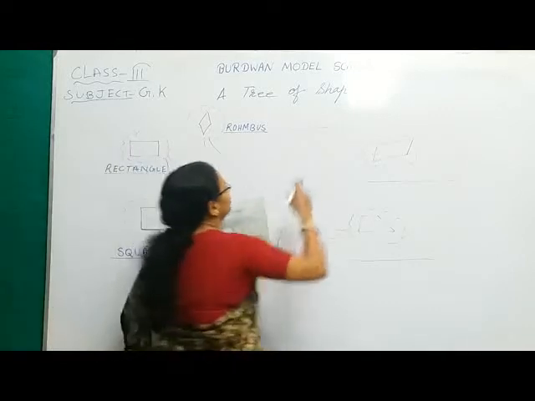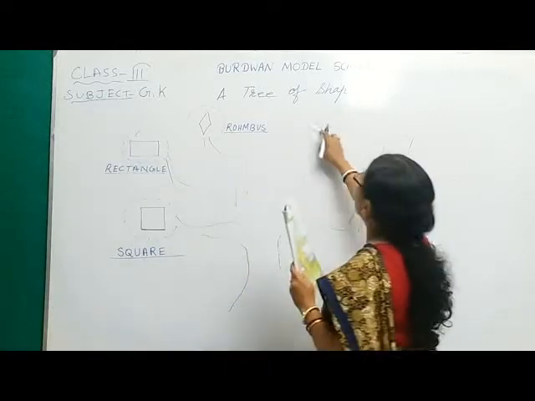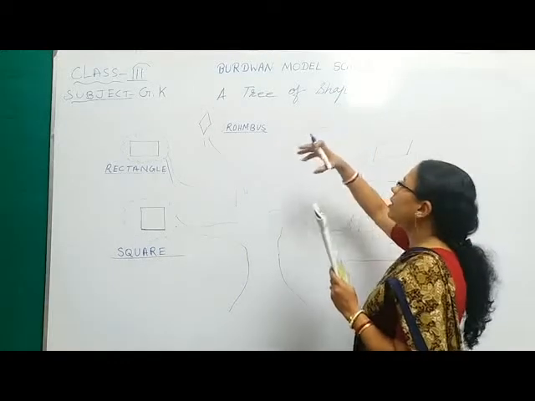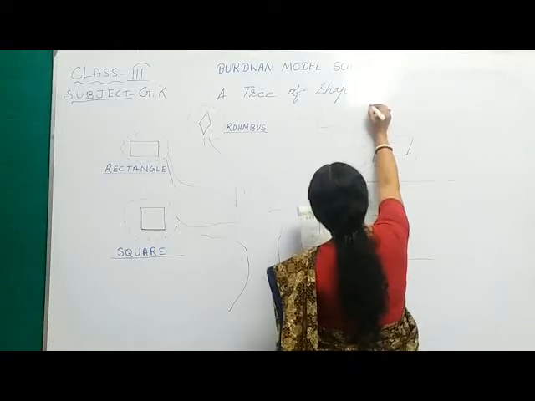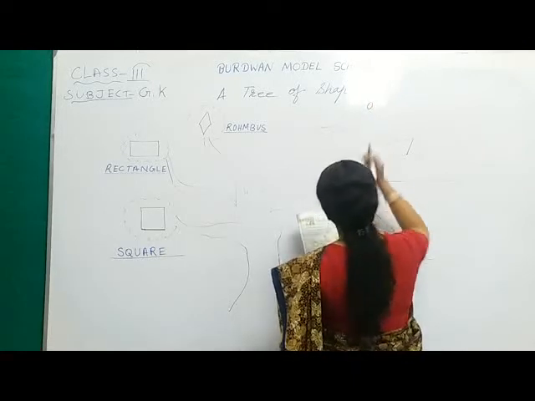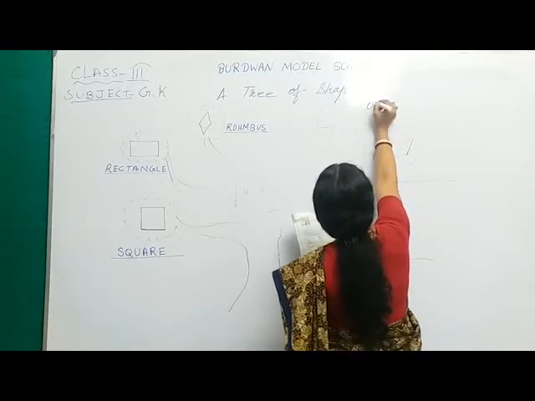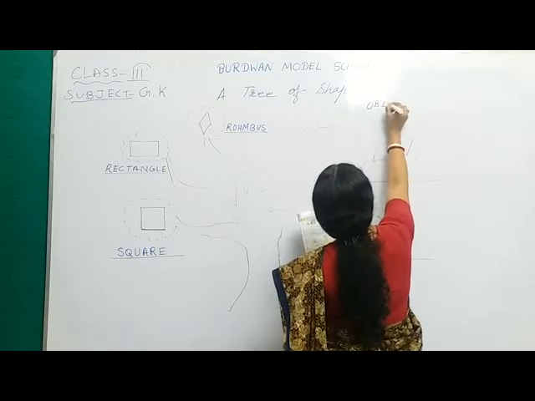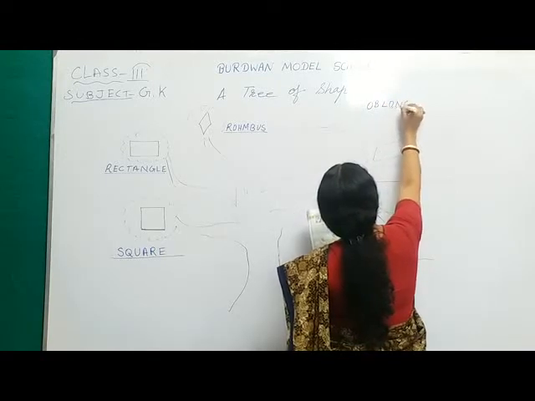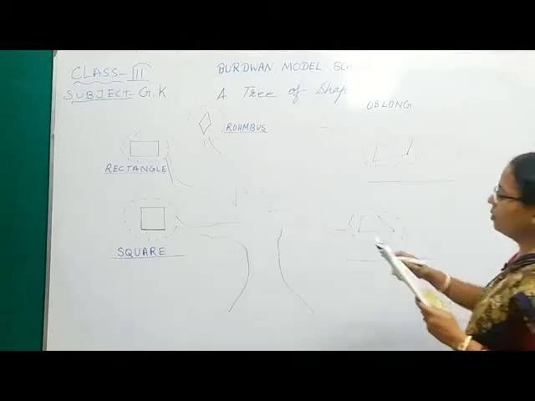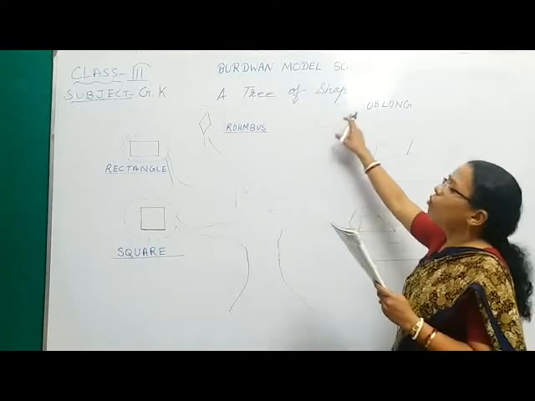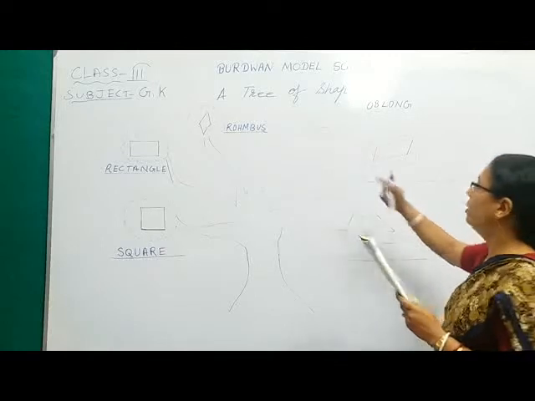Next is the circle that has been elongated. It's not oval, but it has been elongated. So it is known as, yes, the first letter is O and it is oblong. Here is a new shape that is called oblong, where it looks like oval, but it is not oval. Okay.